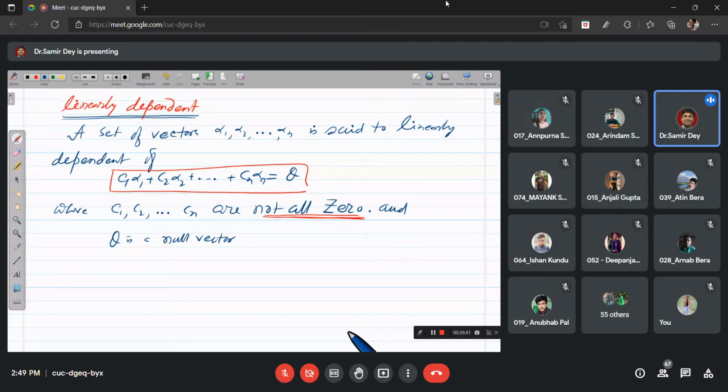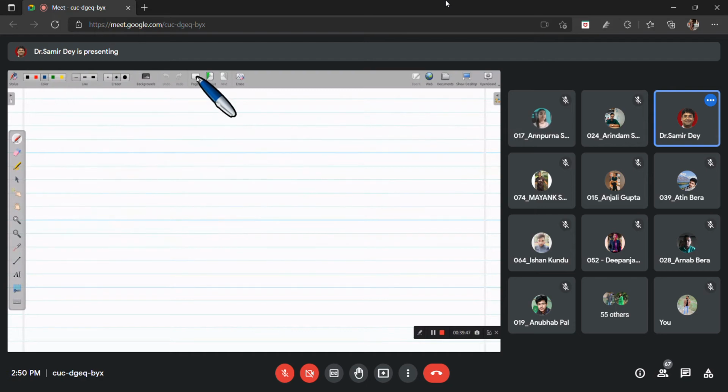Now to understand with some numerical examples. Now let's see with a numerical example. Now try to understand.